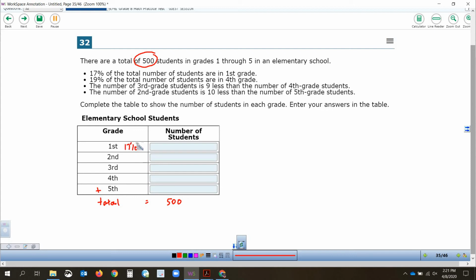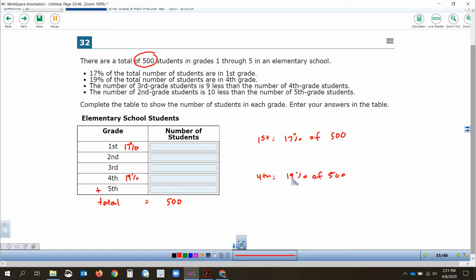So this is 17% of the total. And 19% are in fourth grade. All right, so first grade is going to be 17% of what? 500. And fourth grade, down here, is going to be 19% of 500.